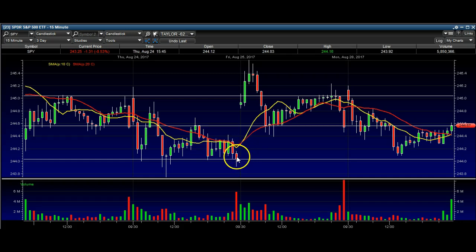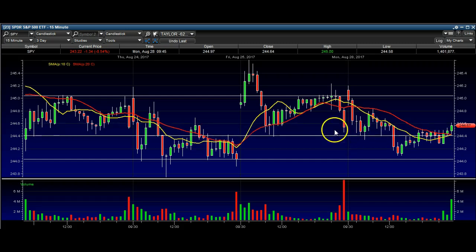So what happened here is we ended up stopping out on the last half of our puts as we saw this hammer right at this support. You can see that was where the gap fill was, but these were the lows of the previous day, as well as some resistance right there.